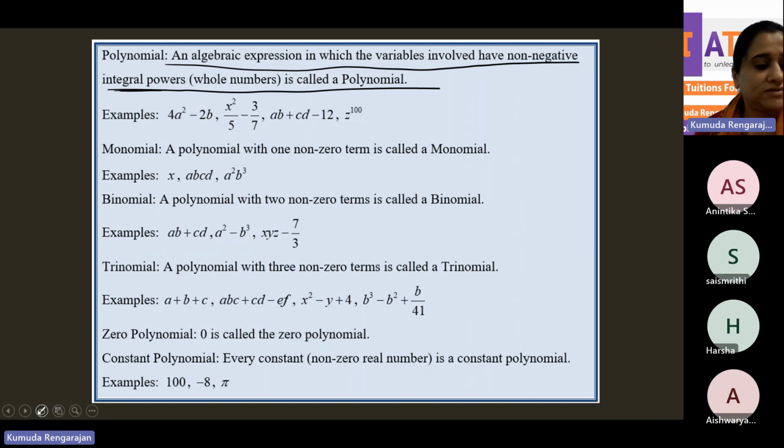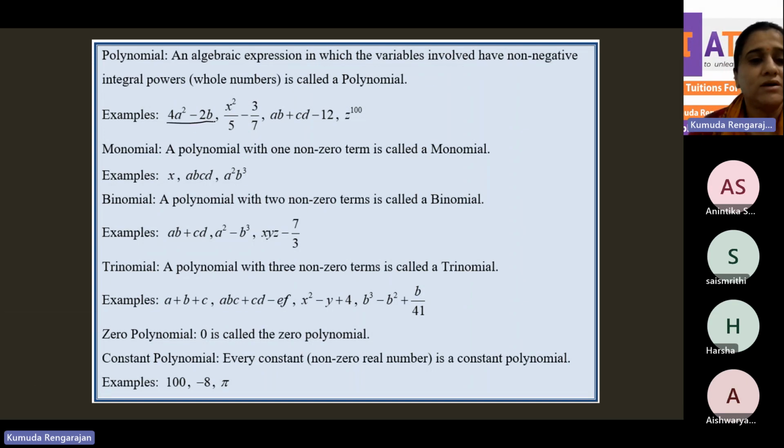Now, see some examples of polynomials. Look at this one: a is the variable with power 2, a whole number; b is a variable with power 1, a whole number. This is another one. I've separated the examples with commas, so there are 4 examples here, and they are different. This example has 2 terms, wherein in the first term we have the variable x with power 2, a whole number: polynomial.